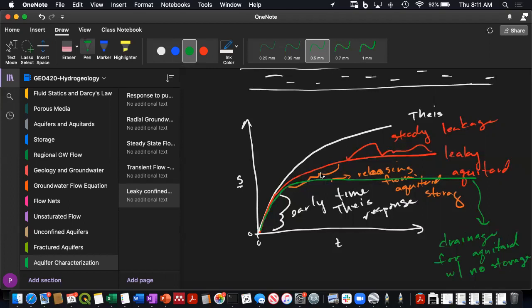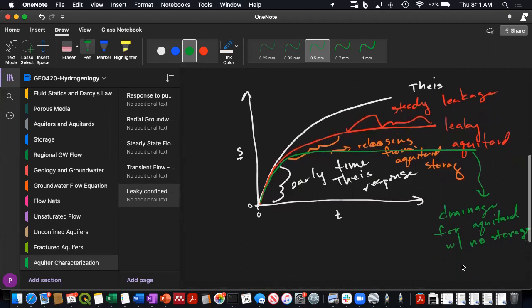It just immediately transitions to this steady state.